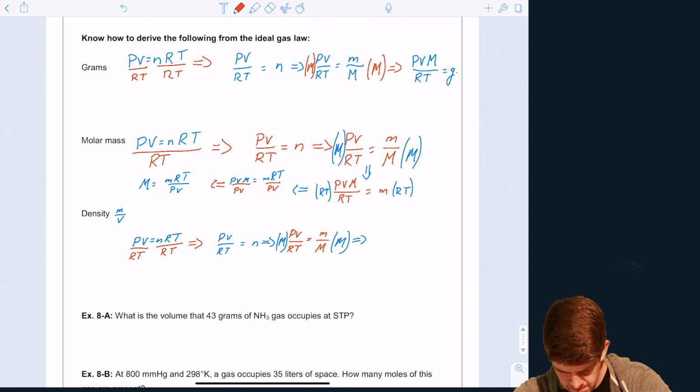Now we have PVM over RT is equal to lowercase m.